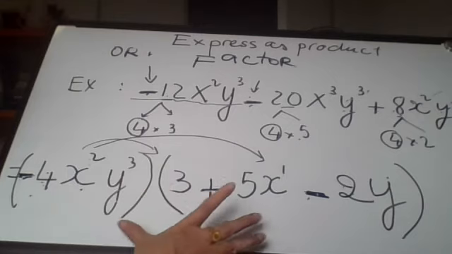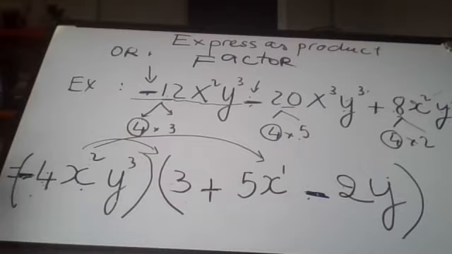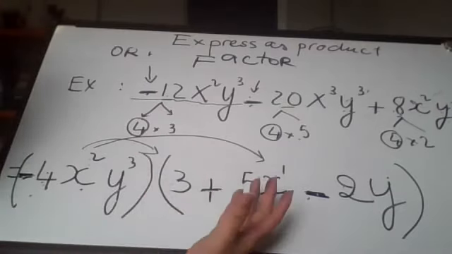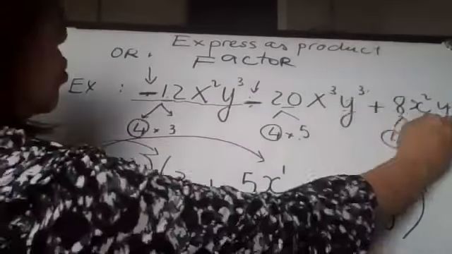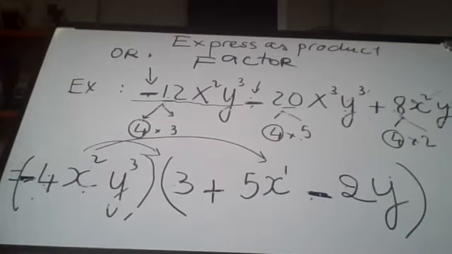Now you learn how to break it down into the two expressions. So when you multiply, you know that it gets back to you the previous expression. So you can move forward and you can move backward.